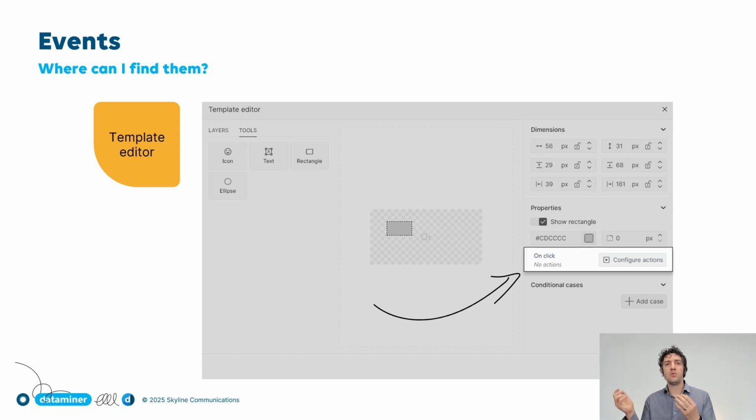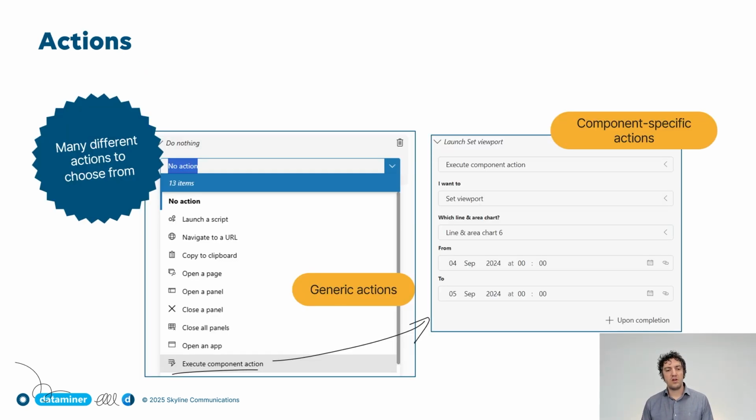We can define what that item looks like through the table editor. In that editor, we can add any number of components, and each of those components can have an on-click event that then triggers an action. So if you're curious about those, go to our documentation, take a look at the table template editor for your table, for your grid, whatever your use case.